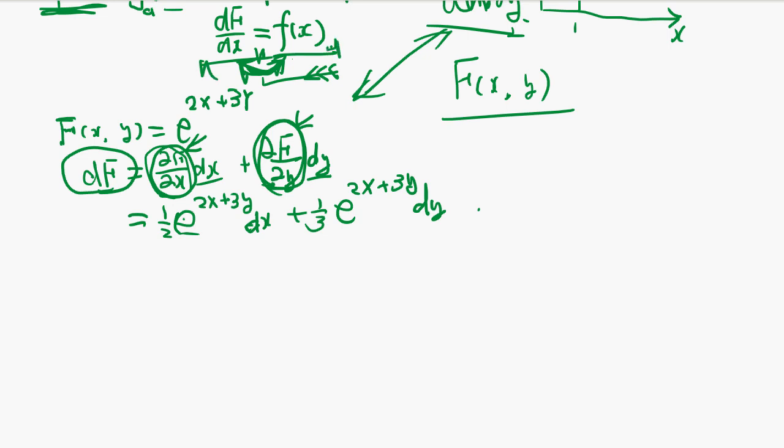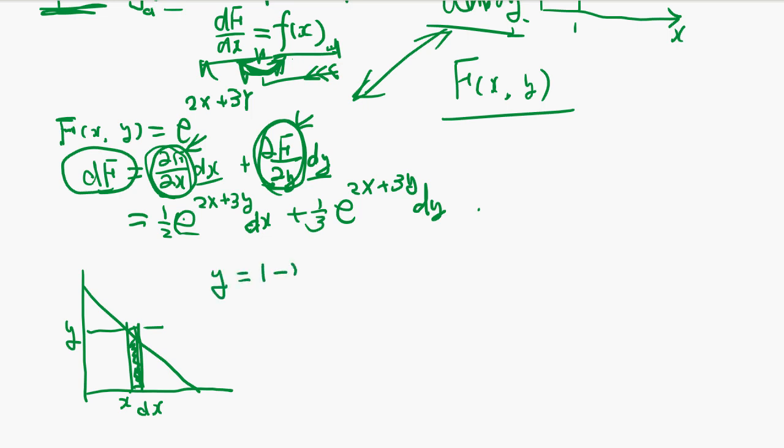Okay, so in this case what we do is we take at x dx this strip and we calculate this. In order to calculate, you need y, right? So y equals 1 minus x. So the boundary is going to be the function.